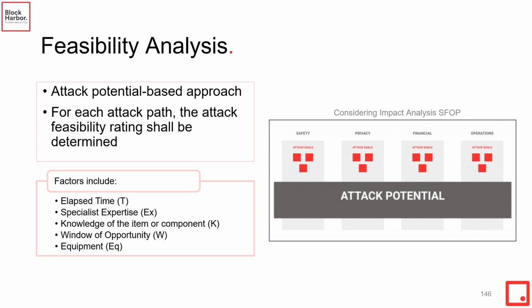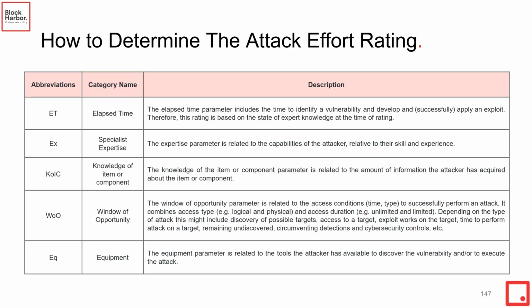We look at several key factors that can influence an attacker's ability to successfully exploit a vulnerability: elapsed time, specialist expertise, knowledge of the item or component, window of opportunity, and equipment. Let's break these factors down. Elapsed time. This refers to the time required to execute the attack. The shorter the time needed, the more feasible the attack is.